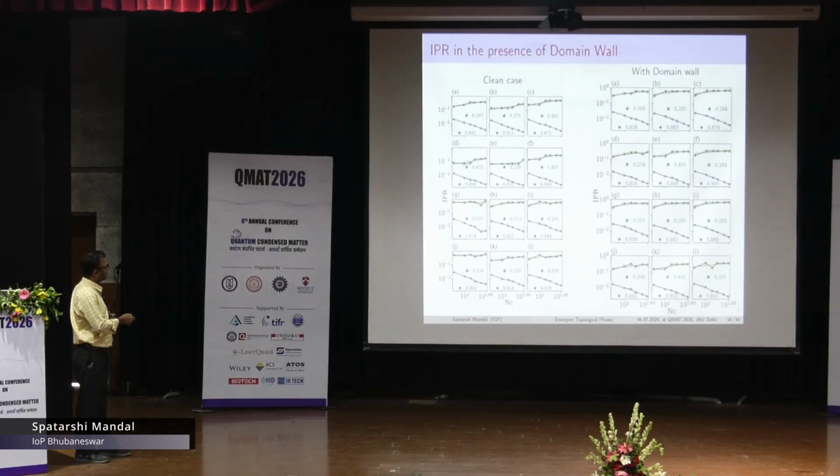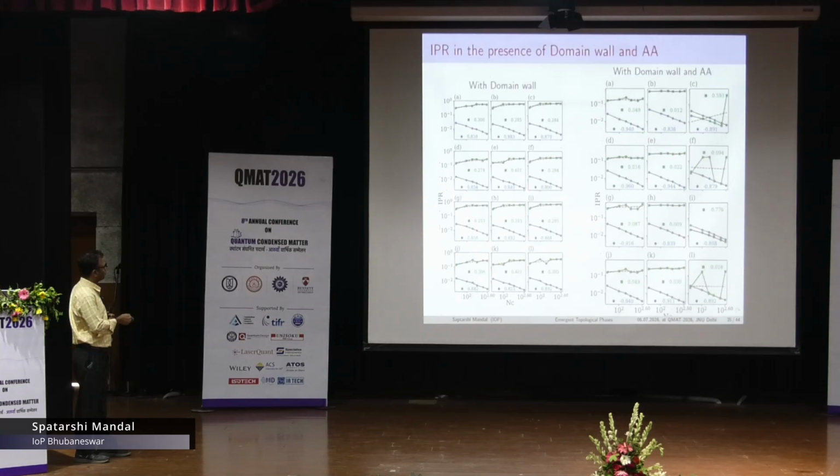We found some interesting results in some cases that I want to show you. For example, here where the domain wall and Aubry-Andre potential are both present, in some cases the IPR shows some intermittent peaks, where we think that there are some fractional states.